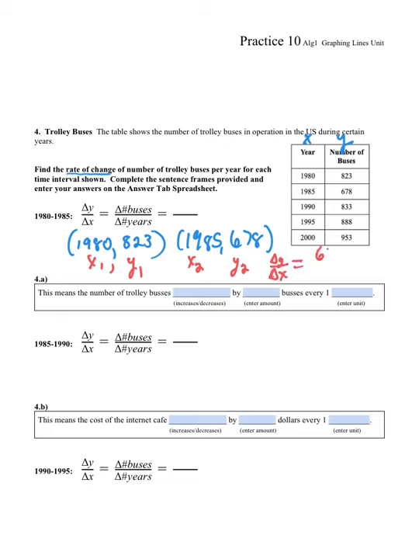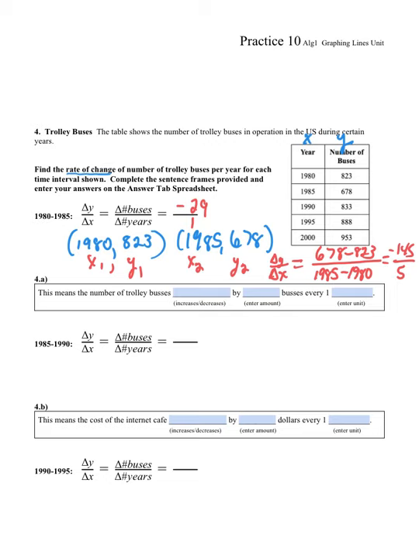So you're going to do 678 minus 823 over 1985 minus 1980. Which will give us negative 145 over 5. And when you reduce that, it becomes negative 29. Now, again, we're talking about negative 29 over 1.